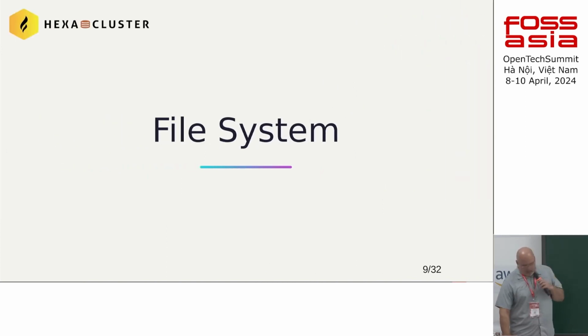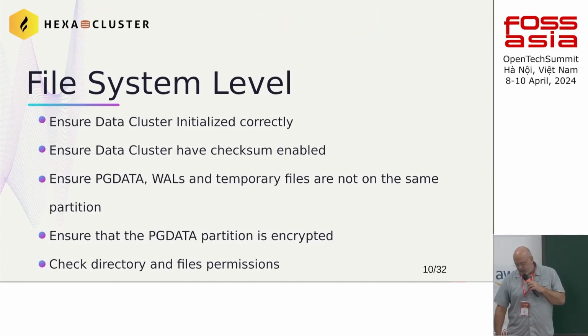At the file system level, there are also several things that must be checked. Some of them are already checked by Postgres itself when it starts, especially the permission on the PGDATA, or some other checks. But some are not done.